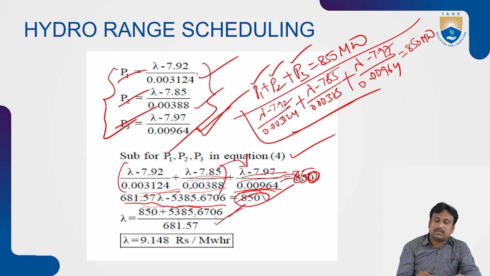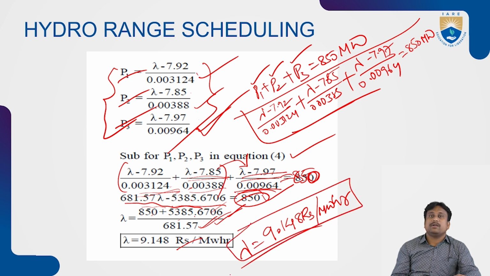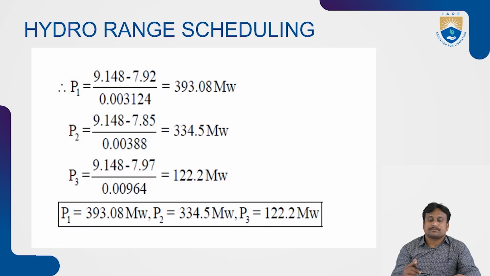That means adding these two combinations: 850 plus 5385.6706 by 681.57. This numerator and denominator combination gives a lambda value of 9.148 rupees per megawatt hour. So this is the lambda constant we get, 9.148 rupees per megawatt hour.